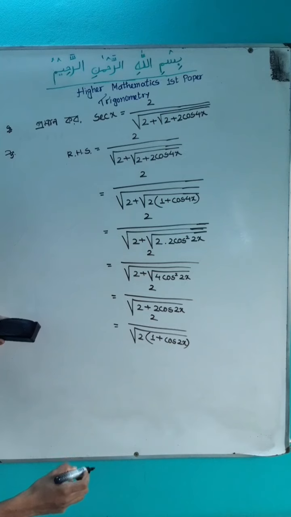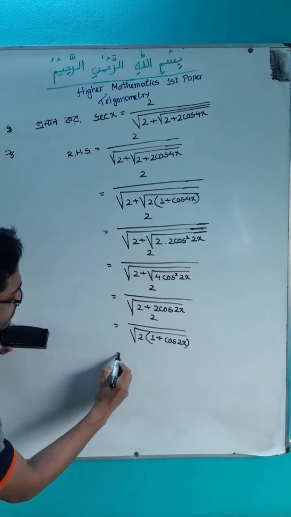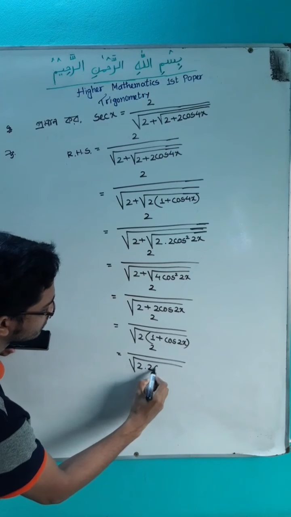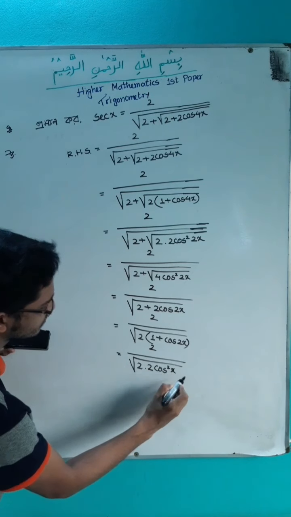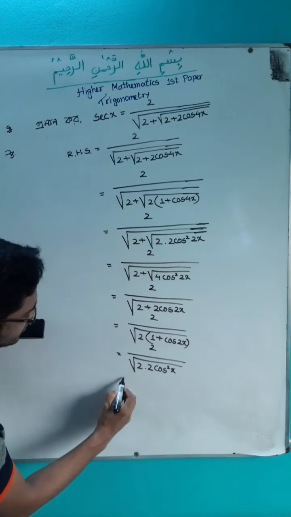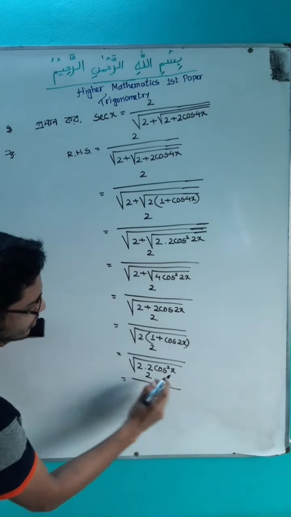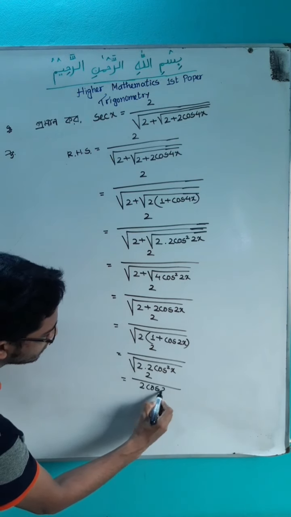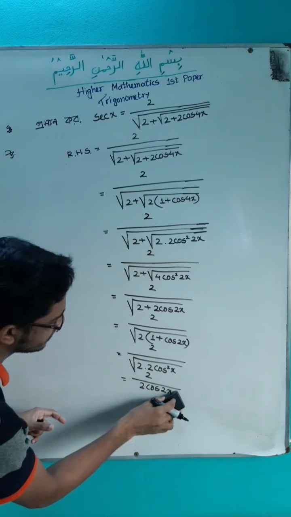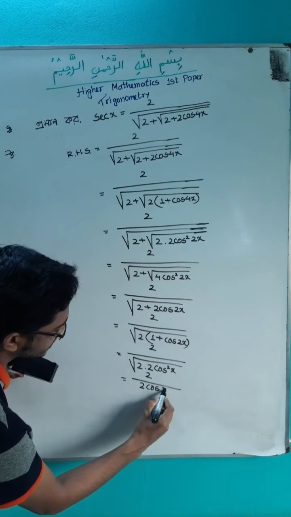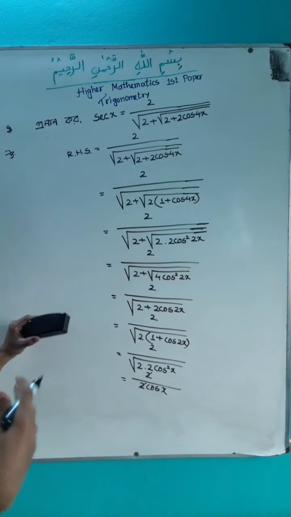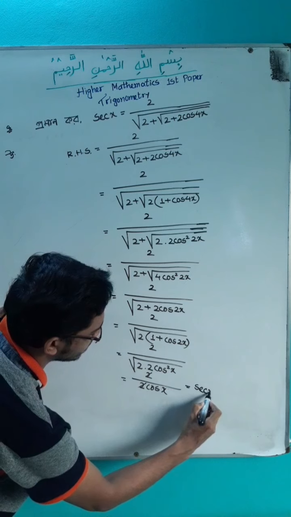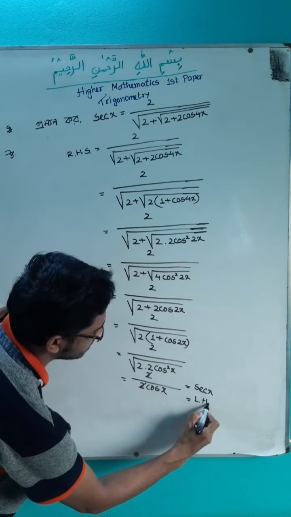And 1 plus cos 2x means 2 cos square x. So then we can write square root of 4 means 2. 2 cos x. This 2 and this 2 will cancel out, and 1 by cos x, you know it is sec x. This is our left hand side.